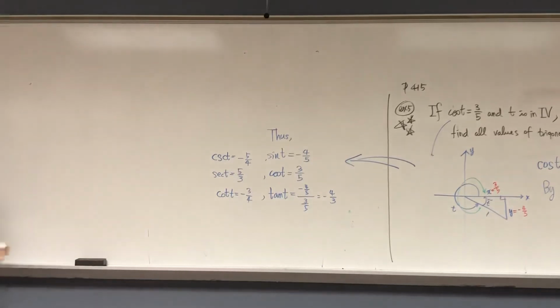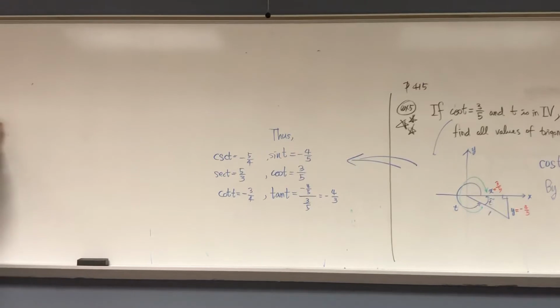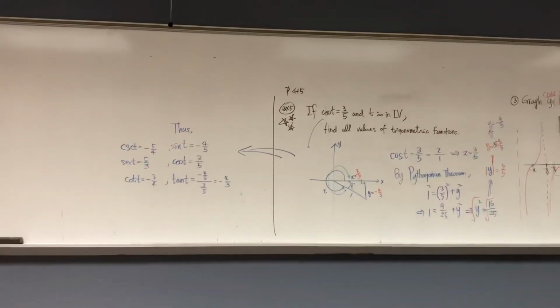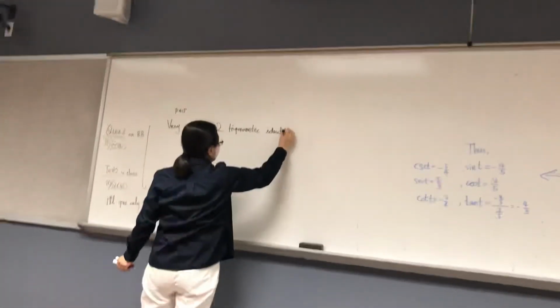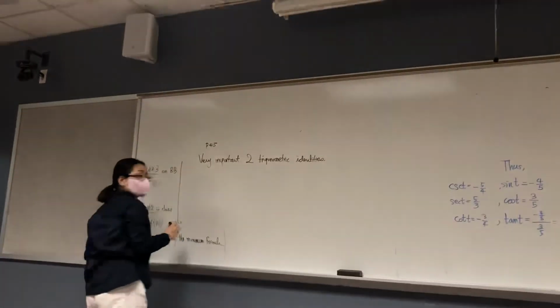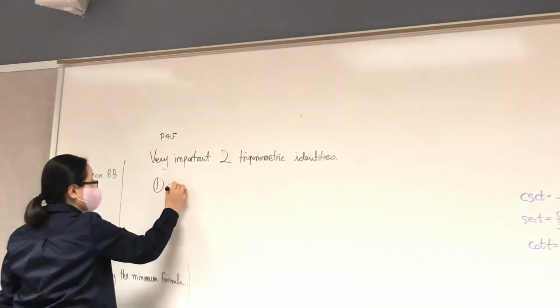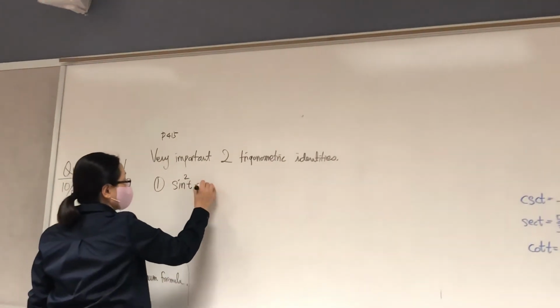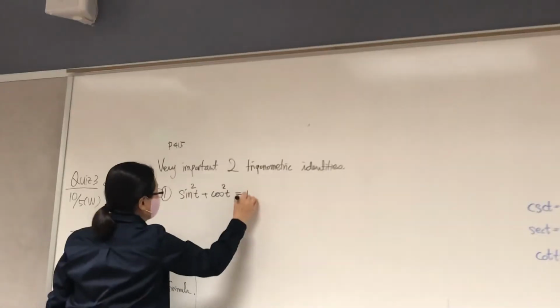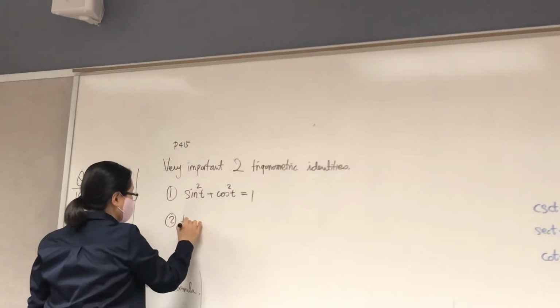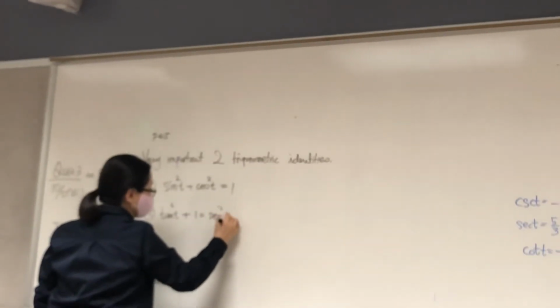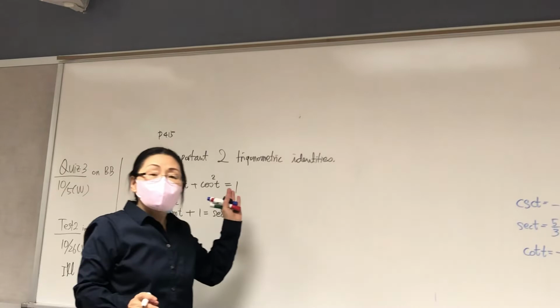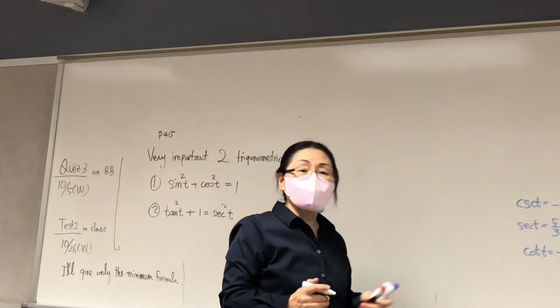You have more than 2, but I will introduce 2 identities. One is sine squared t plus cosine squared t is 1. Two, tangent squared t plus 1 is secant squared t. This is the first identity, second identity, okay?